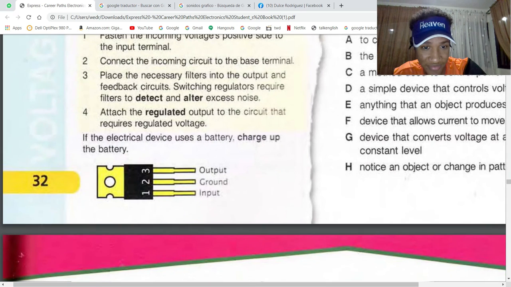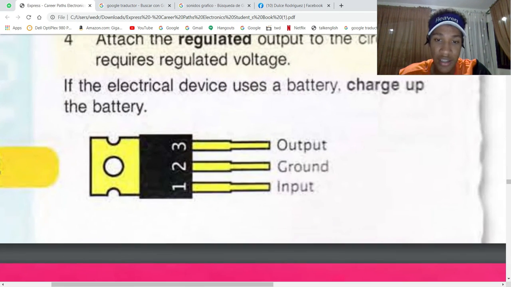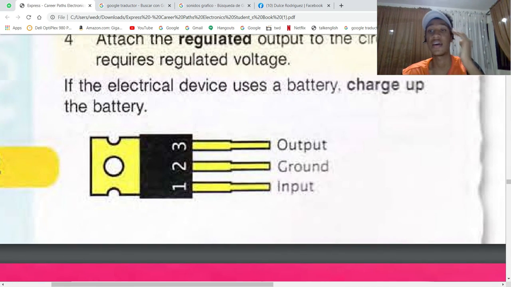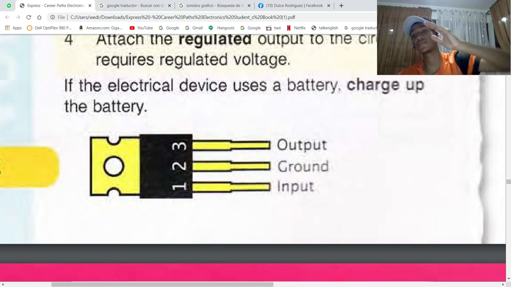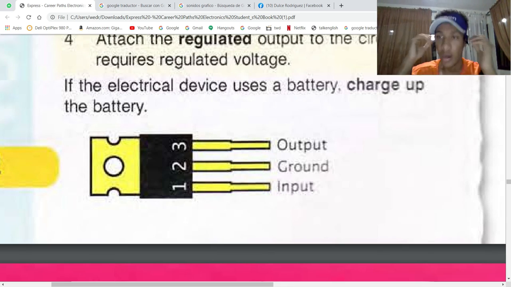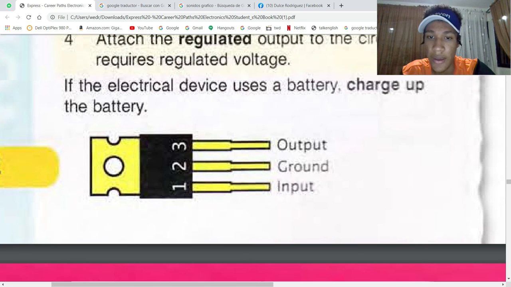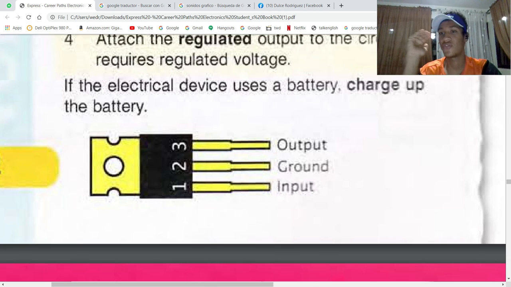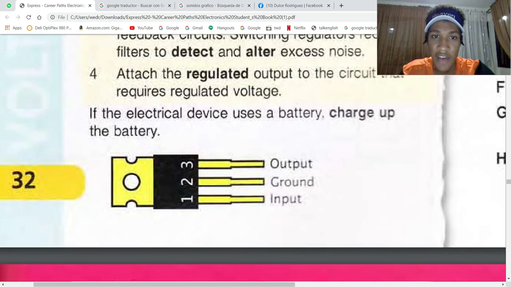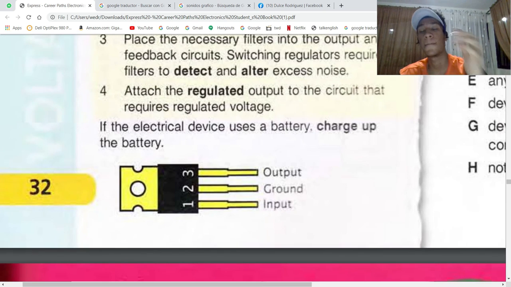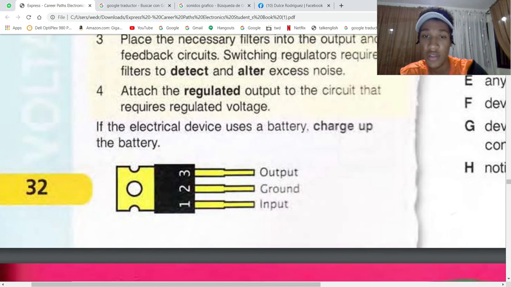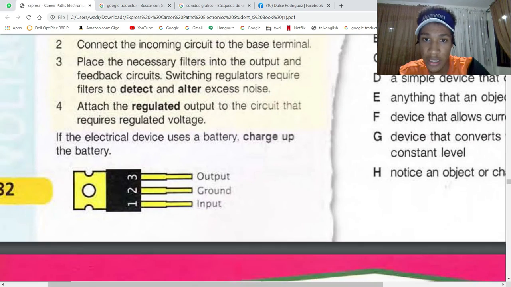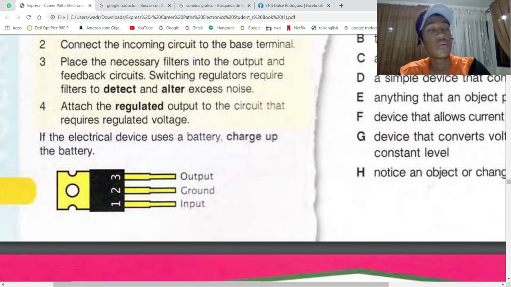And you have 3 terminals. Input, this is the voltage. The ground, the negative ground. Output, this is the voltage. It has a different name, different voltage output, different input, and obviously different current.